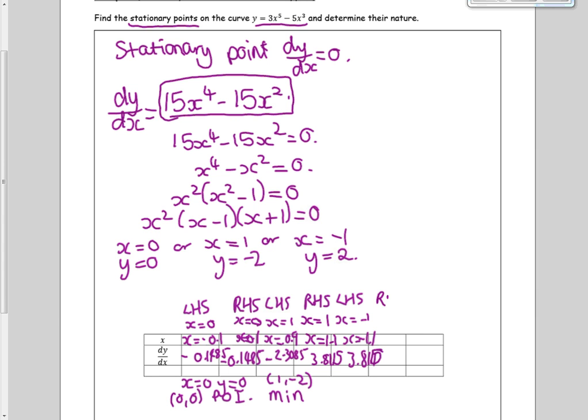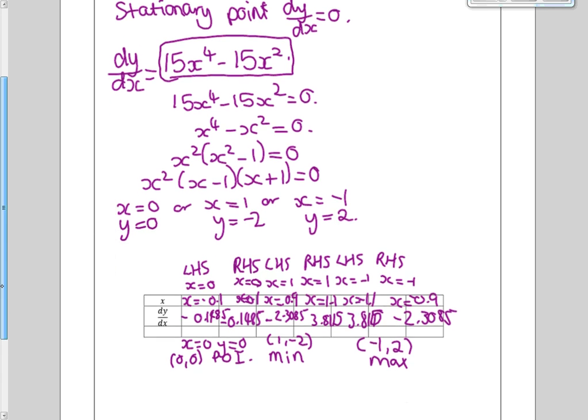And then testing the right-hand side of x equals minus 1, which you substitute in x equals minus 0.9 now. Substituting that into the equation for the gradient gives us a gradient of minus 2.3085. So because we go from a positive gradient to a negative gradient, we know that at minus 1, 2, we have a maximum.